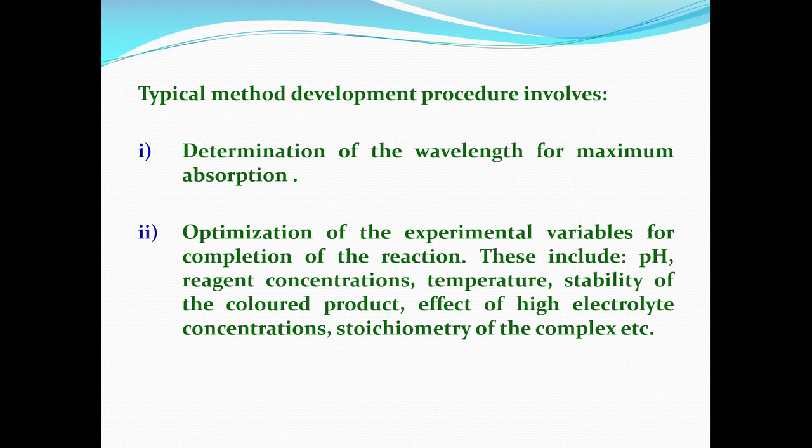And then I had explained the typical method development procedure, that is to determine the lambda max and then to determine the other experimental variables for the optimum color development of the reaction.